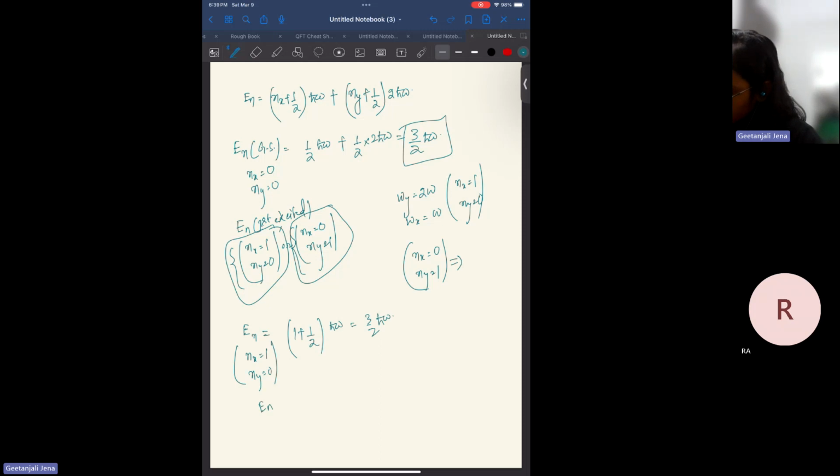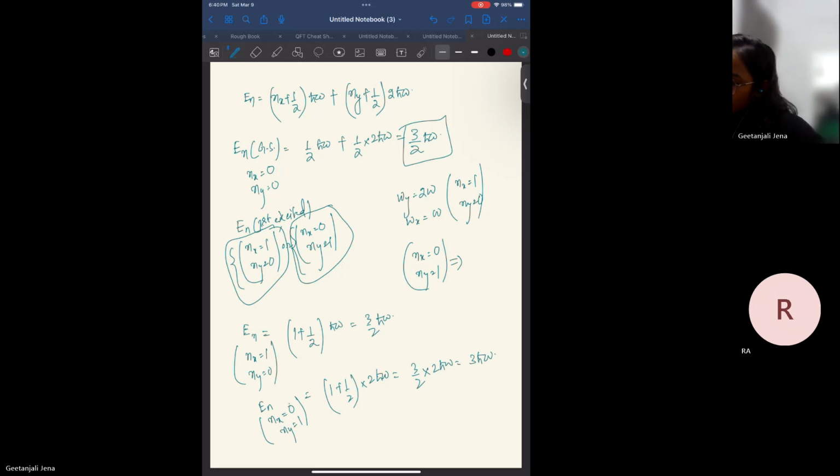And the other one is nx is 0 and ny equal to 1. This will give 1 plus half into 2 h cut omega, 3 by 2. This will give 3 h cut omega.